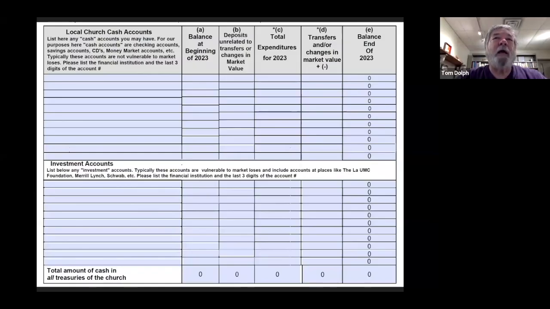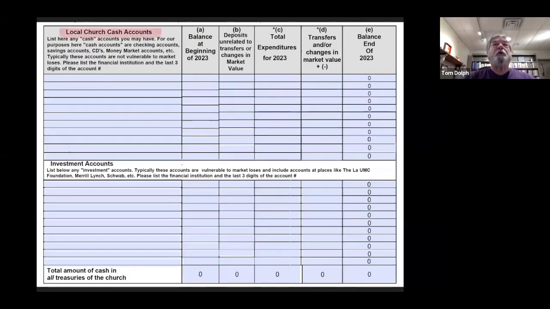We don't need the level of accountability of each fund. We are asking on this sheet about financial institutions.